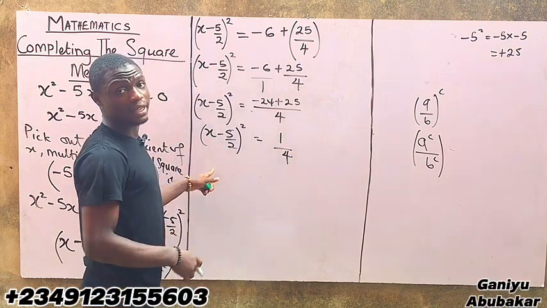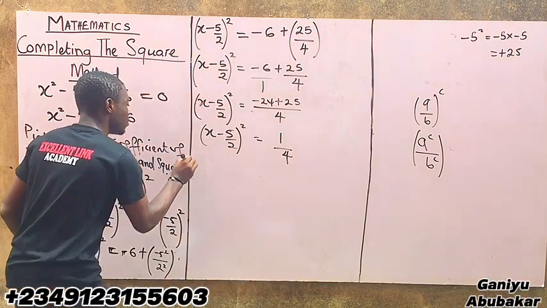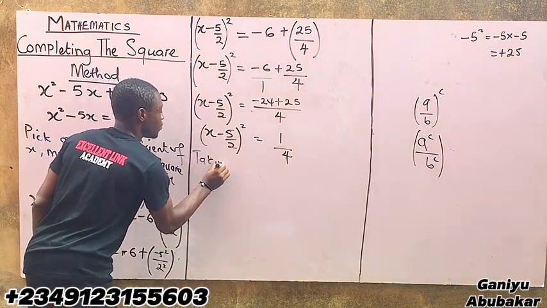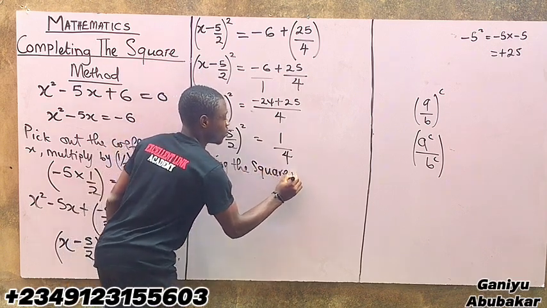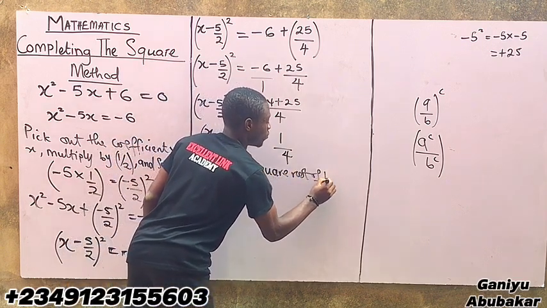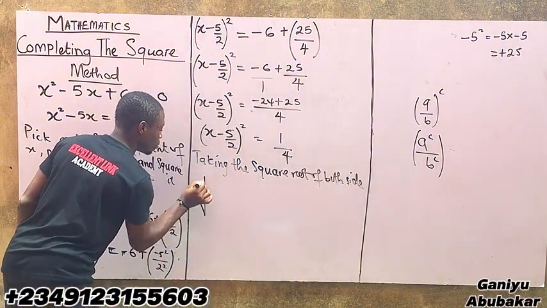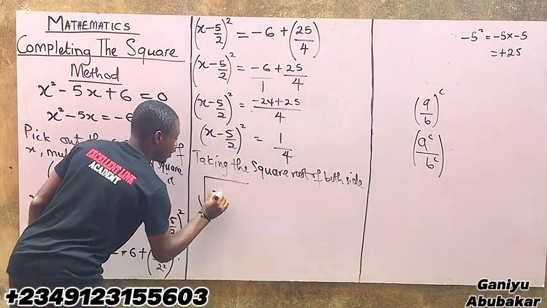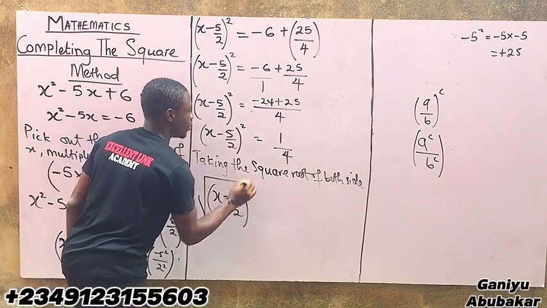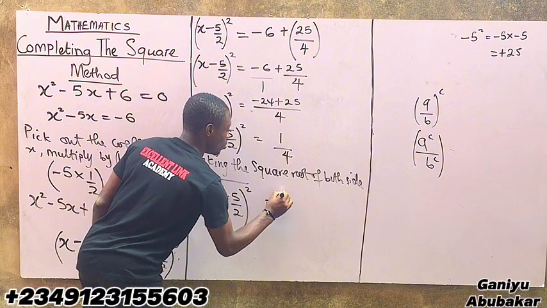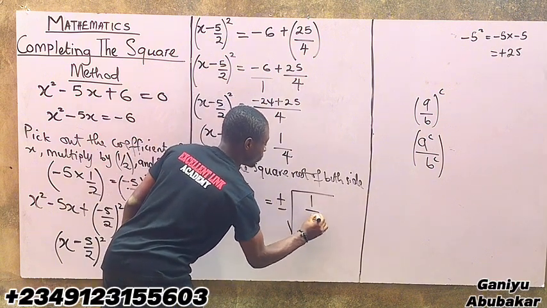So my next task says to do what? Take the square root of both sides. So I'll take the square root of this side here, x minus 5 over 2, all squared, being equal to plus or minus the square root of 1 over 4.